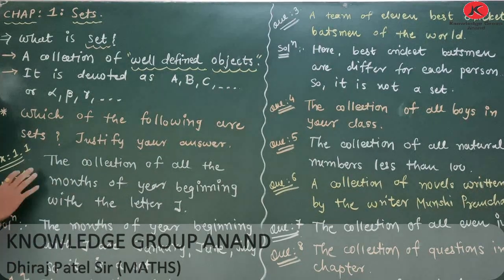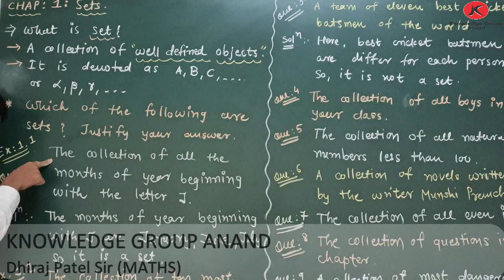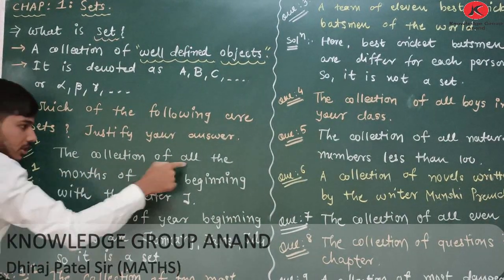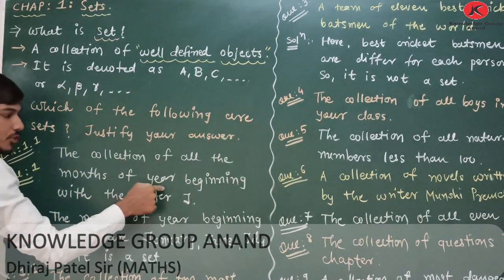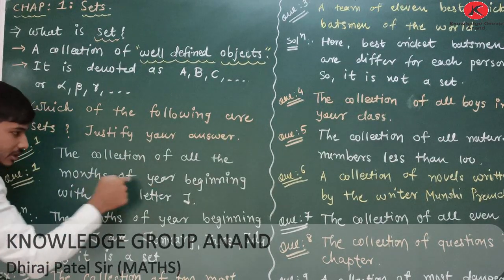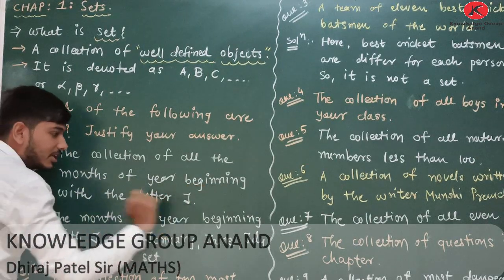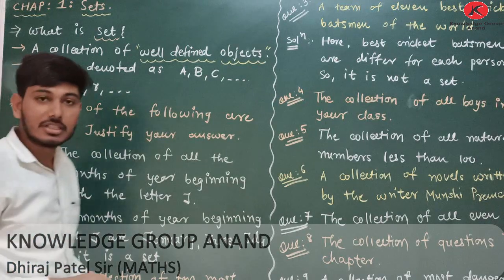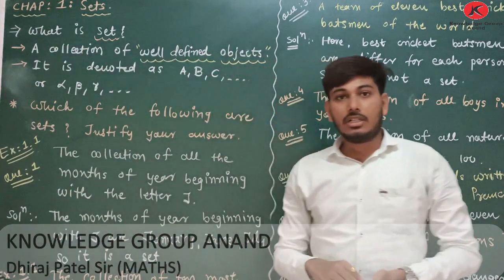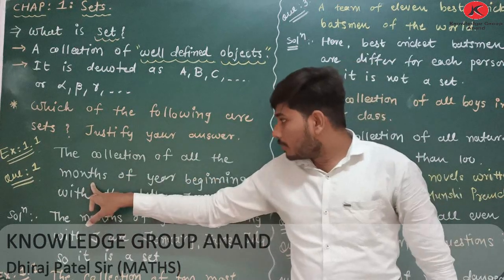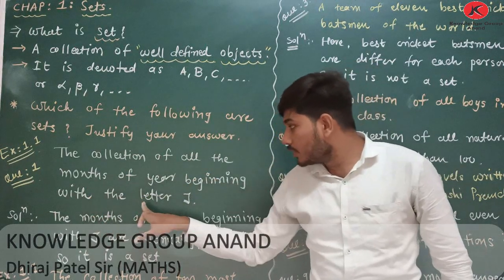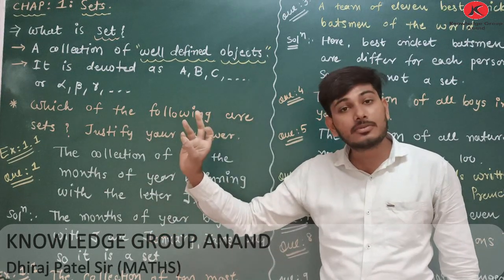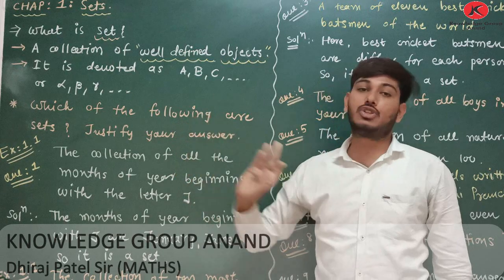Exercise 1.1, question number 1. The first question: the collection of all the months of the year beginning with the letter J. So we know that the collection of all months of the year beginning with J are January, June and July.